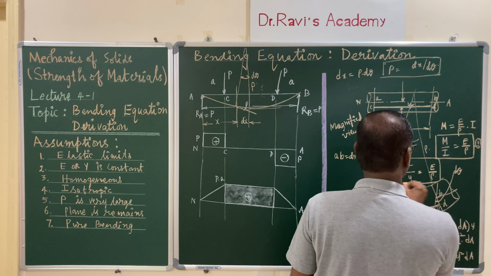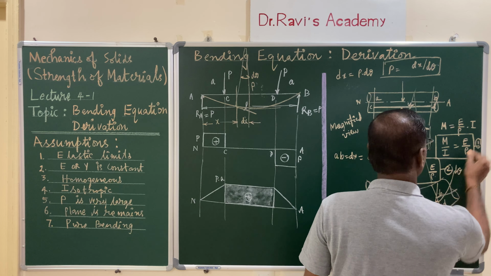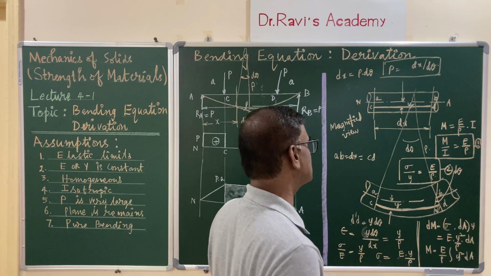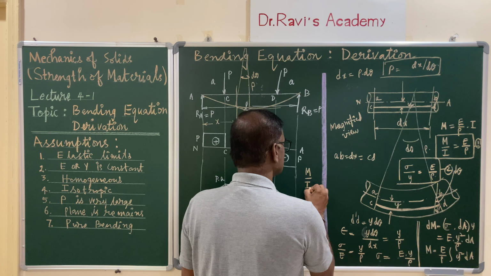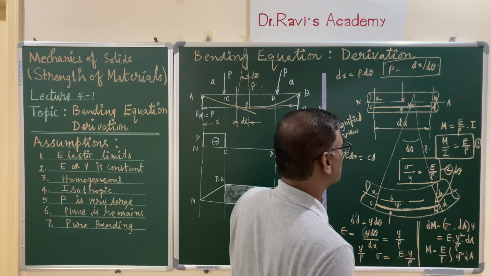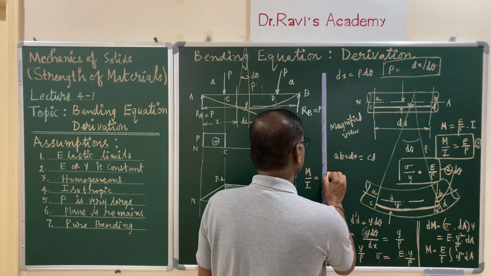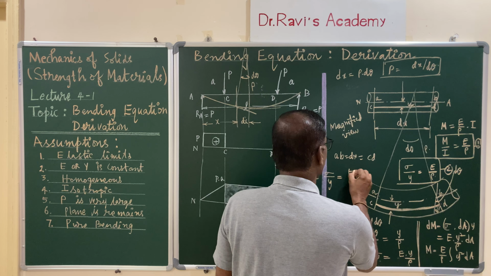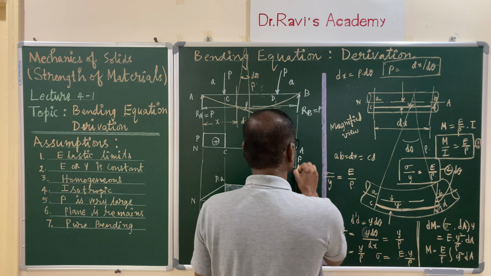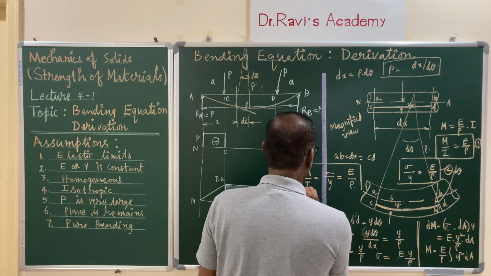This is your equation 2. From equations 1 and 2 you can conclude that M by I is equal to sigma by y is equal to E by rho. This is your required bending equation.